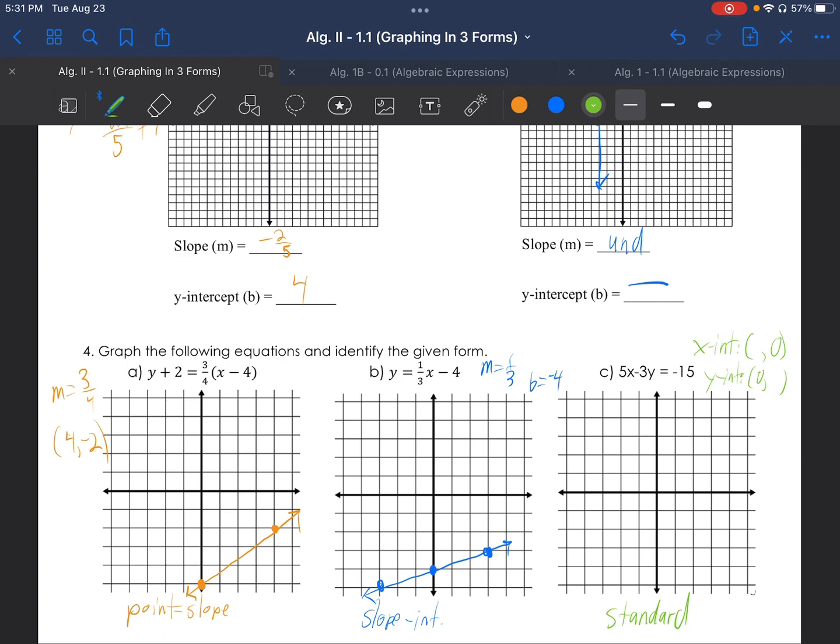So the x-intercept is going to be negative 3, 0, and the y-intercept is positive 5, 0. So we graph those, connect those points, and we are done with this lesson.